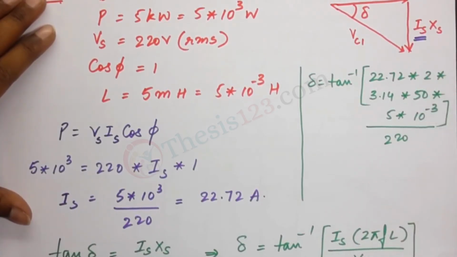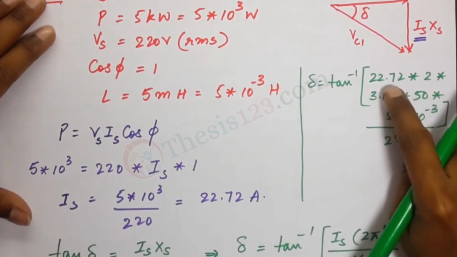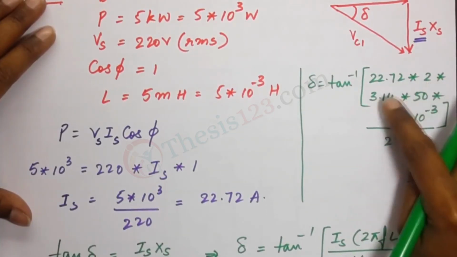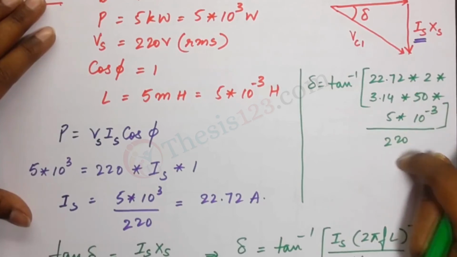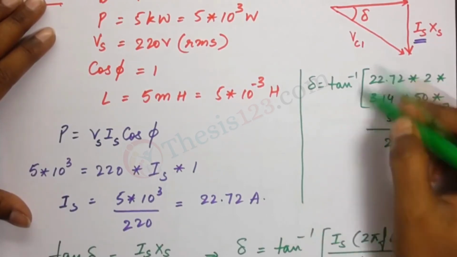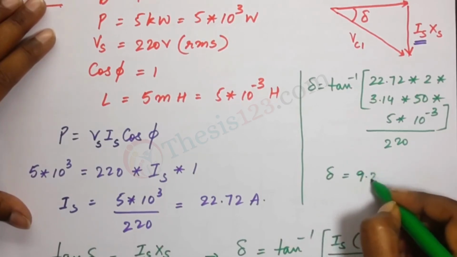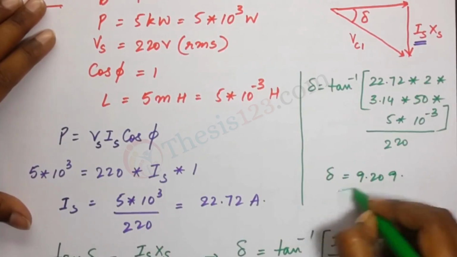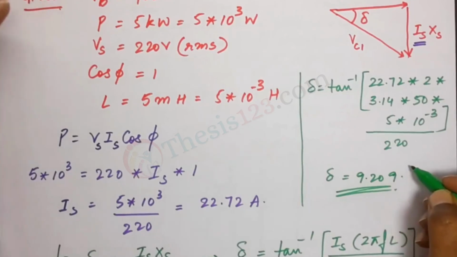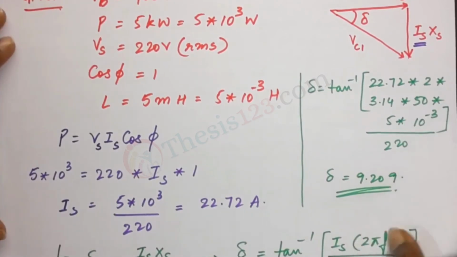You follow, right? So it's Is into 2 pi FL divided by 220. So the tan inverse of this entire thing will give us a delta value of 9.209 degrees. So this is the final answer.